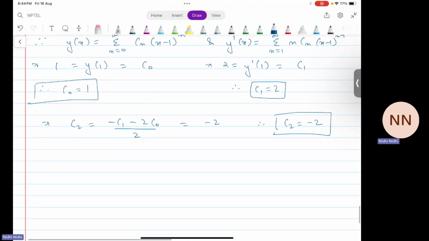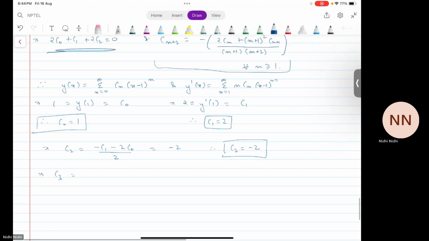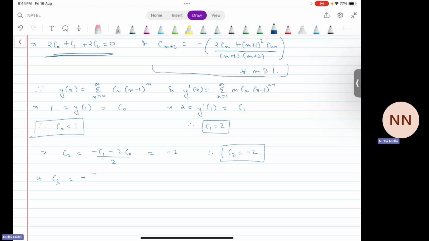So this gives us C3 is equal to minus [2C1 plus 4C2] by 6, which is equal to minus 2 minus 4 C2 by 3, which is equal to 2 by 3.